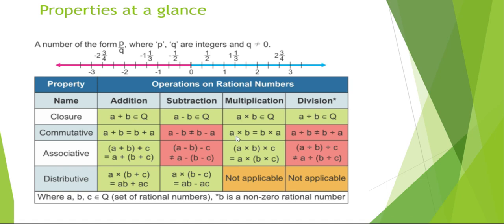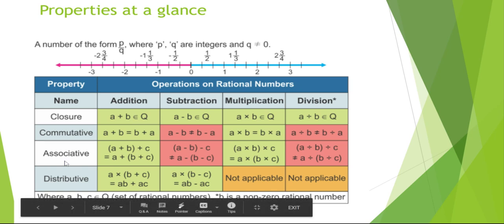Multiplication will have both sides as equal. a into b will be equal to b into a. But in case of division, a divided by b will not be equal to b divided by a. So what you get to know is that commutativity holds under addition and multiplication, but not under subtraction and division.